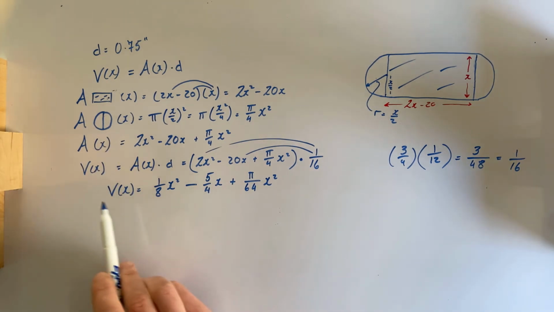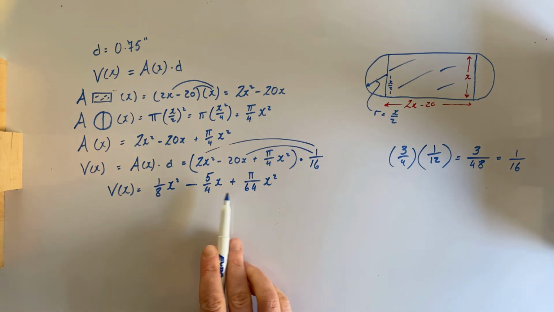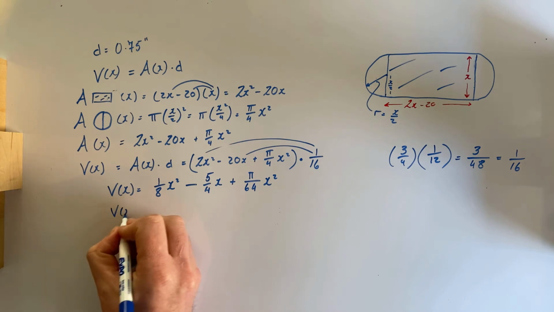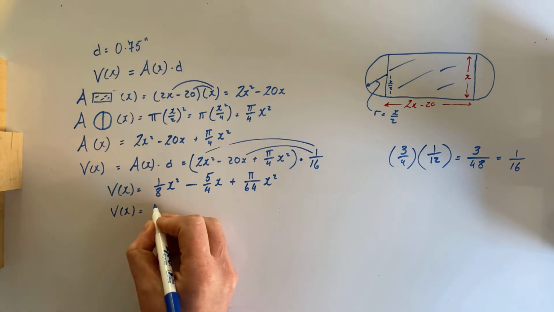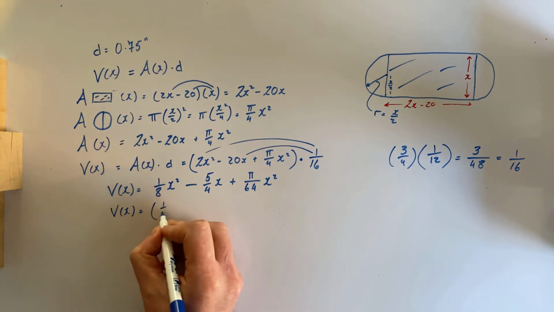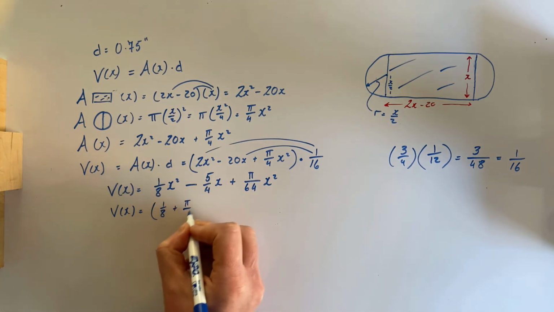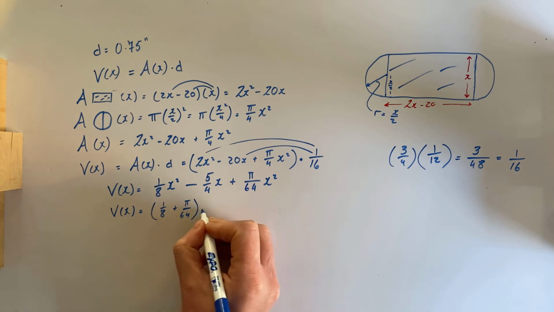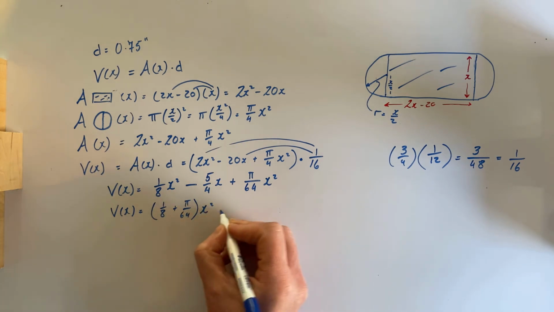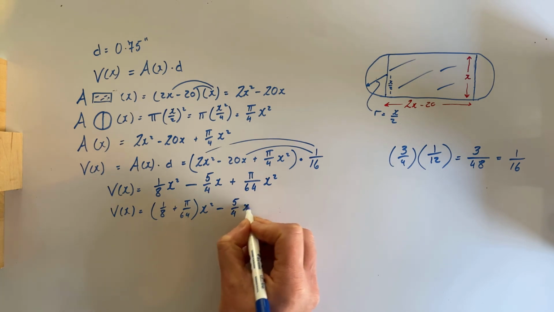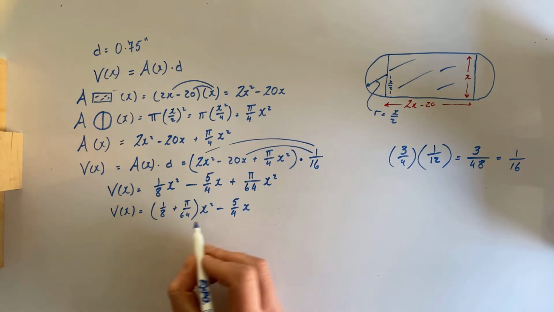We notice that it's a quadratic, a quadratic binomial. If you'd like, you could factor out your x squared term. You would have 1 over 8 plus pi over 64, times x squared, minus 5 over 4 x.